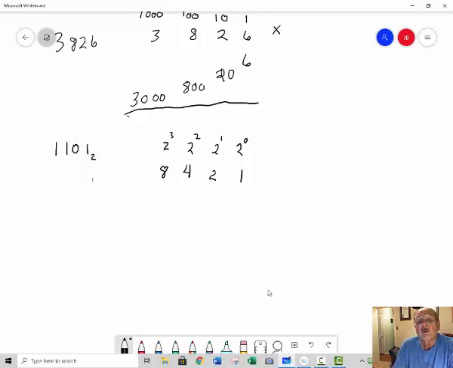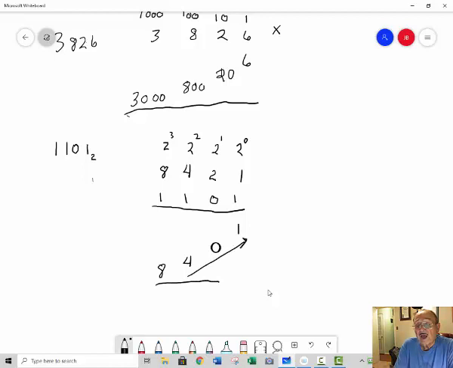Okay, so let's take my number 1101. If I take 1, 1, 0, 1, and that's in base 2, and if I multiply those, what do I get? Well, 1 times 1 is 1, 2 times 0 is 0, 2 times 2 would be, that's going to be 0, 1 times 4 would be 4, and 1 times 8 would be 8.